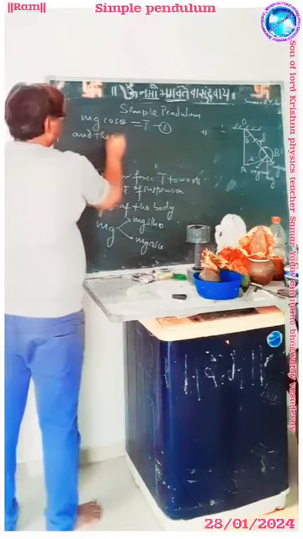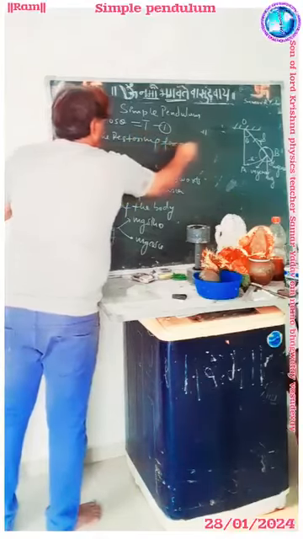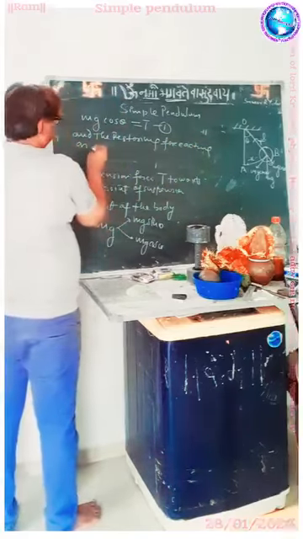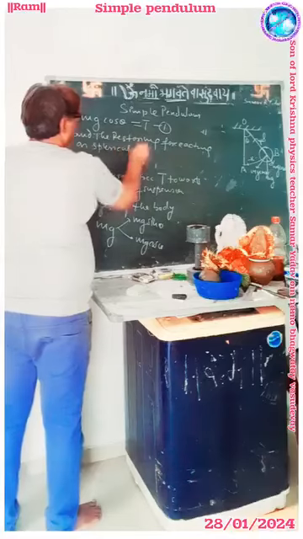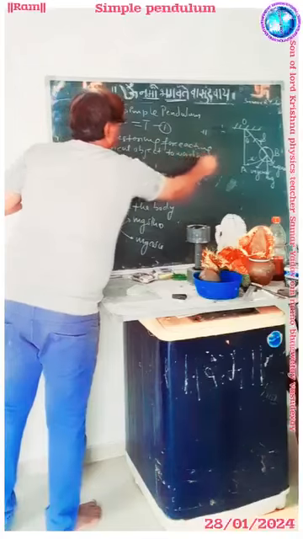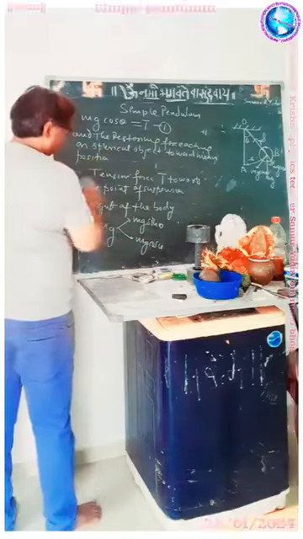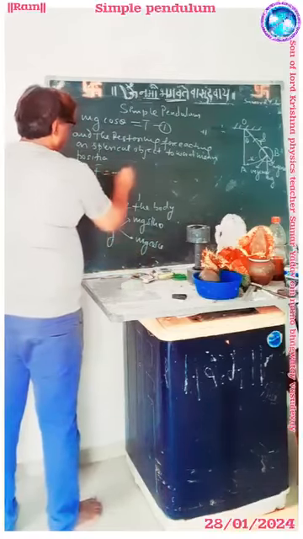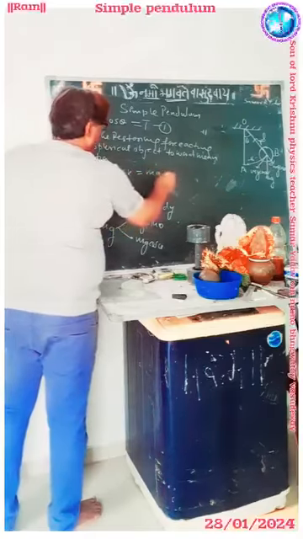the restoring force acting on the spherical object towards the mean position, that is F equal to minus kx, is balanced by mg sin theta.